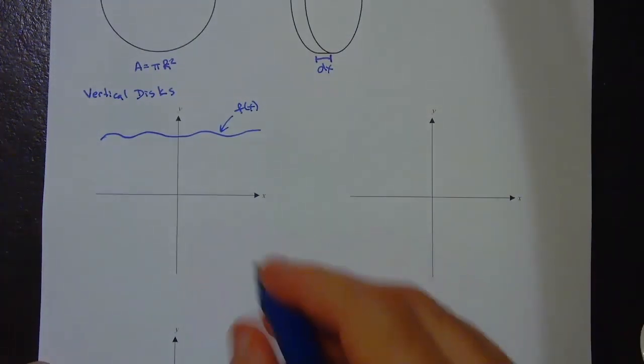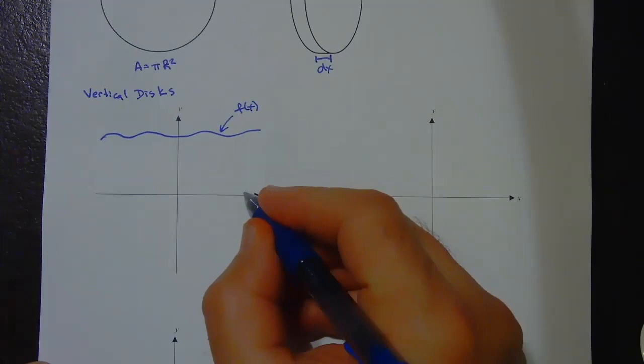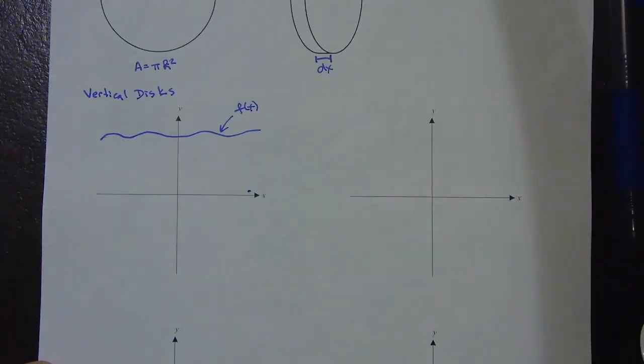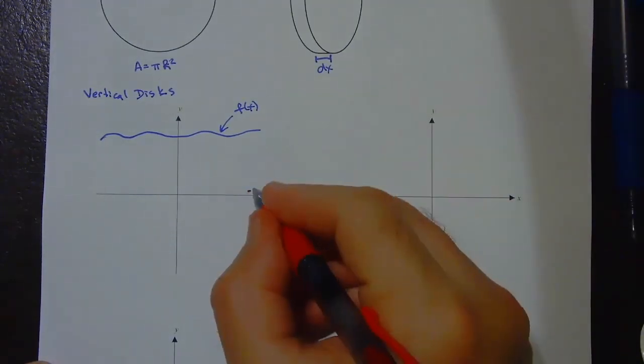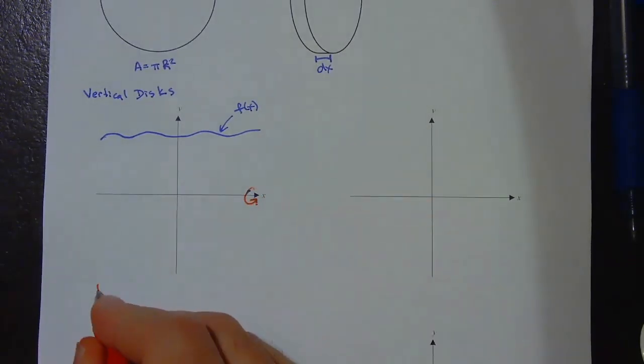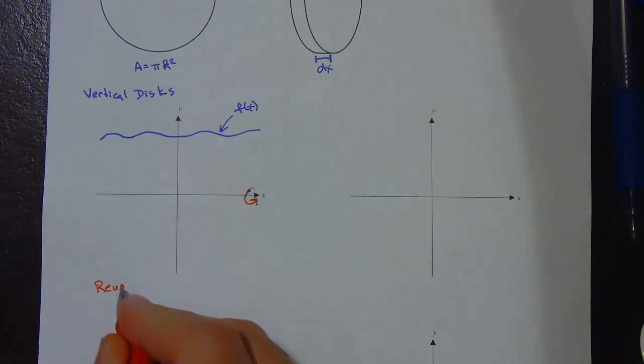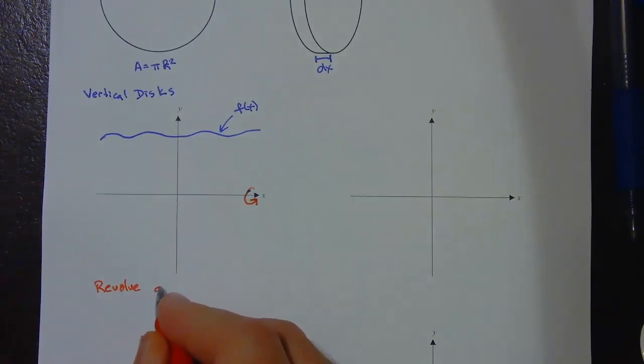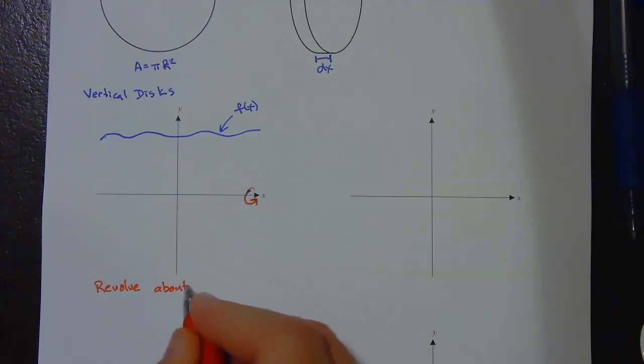We're going to revolve it about the x-axis. I'm going to use red for this. We're going to rotate around the x-axis. So you can revolve or rotate about the x-axis.